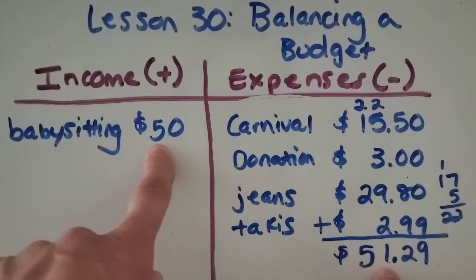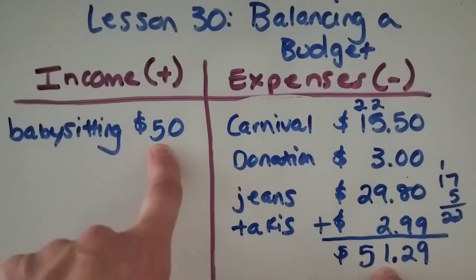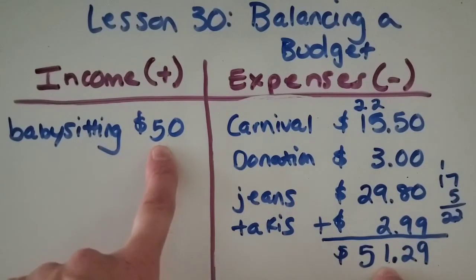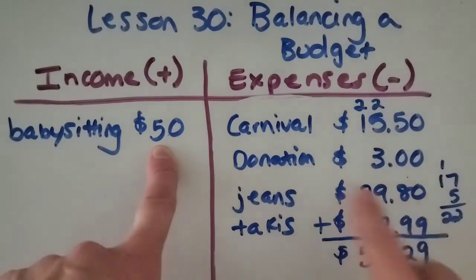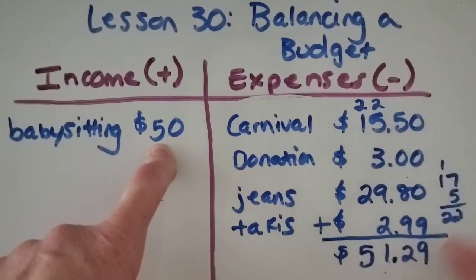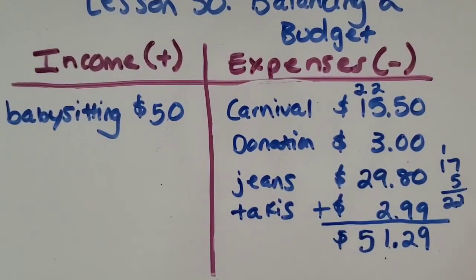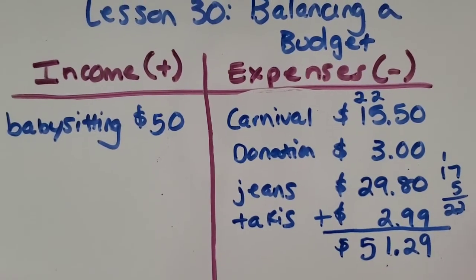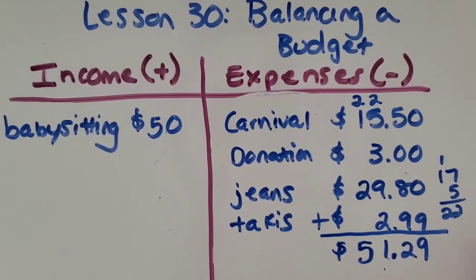Okay, so what can this person do to balance their budget? Because whenever you figure out that you're spending too much, there's always some solution that you can figure out. What do you think this person should do? Okay, so if I was going to take away something out of this person's budget, I would definitely leave the donation alone, and I would think about maybe taking out something that's not as necessary, like this snack.